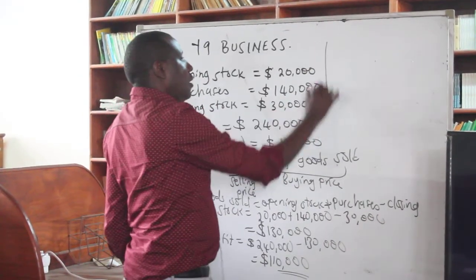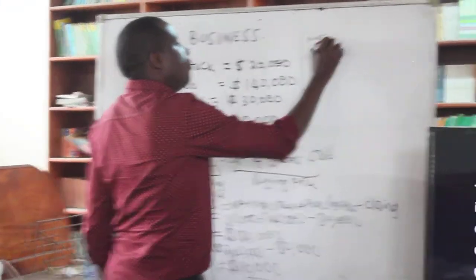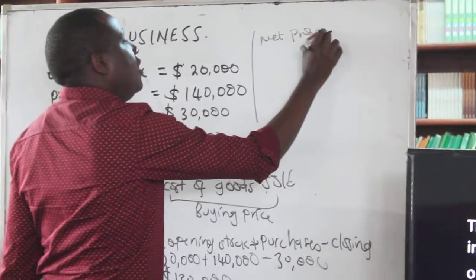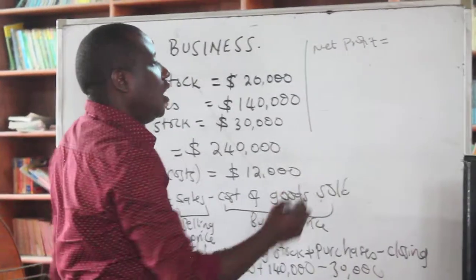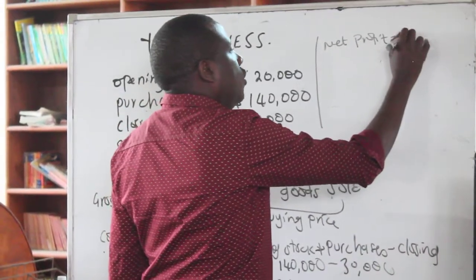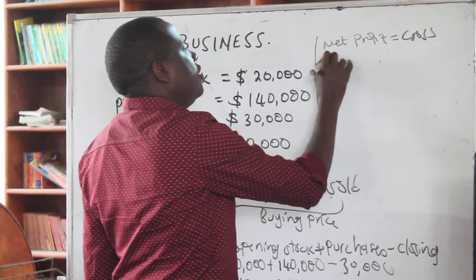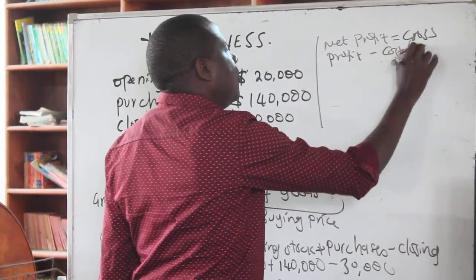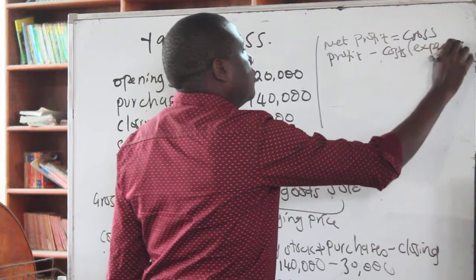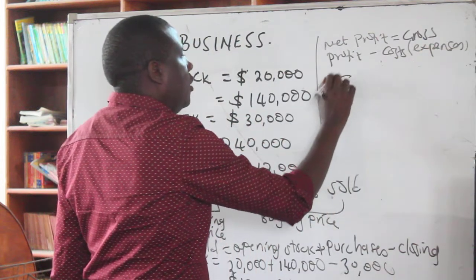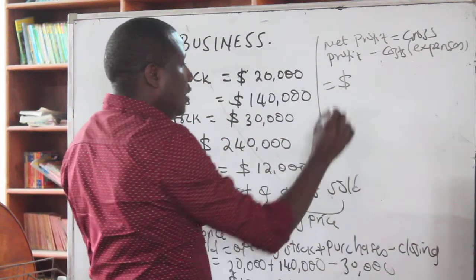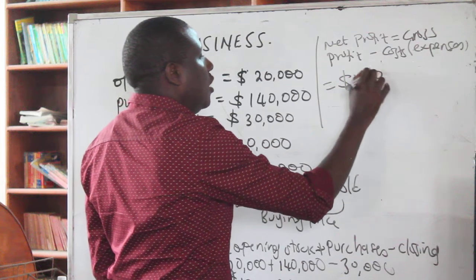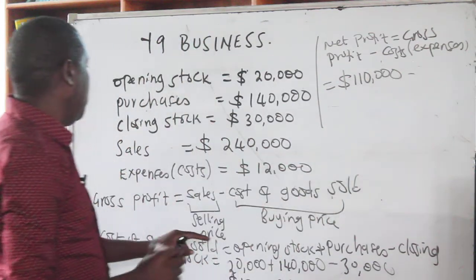Then net profit. This is whatever remains after all expenses, equal to gross profit minus costs or expenses. And therefore, this will be $110,000 minus expenses.